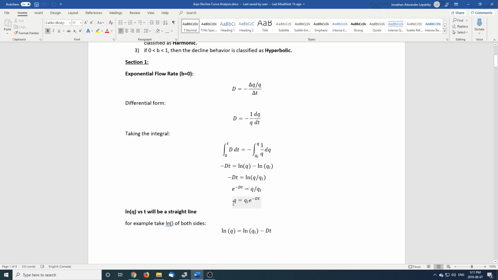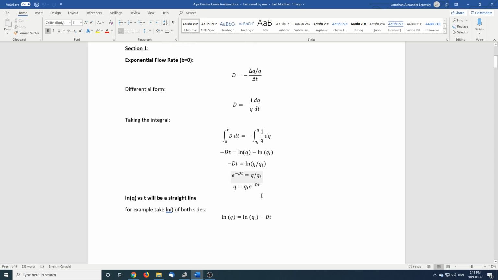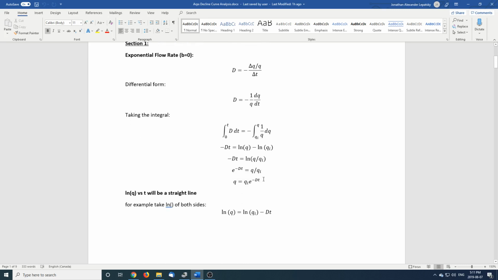So this relates Q and time. If we wanted to graph this as a straight line, we could do that. If you notice, we take the logarithm of both sides, and we get log Q. You take the logarithm of this side, and you'll get log of Qi e to the minus Dt.